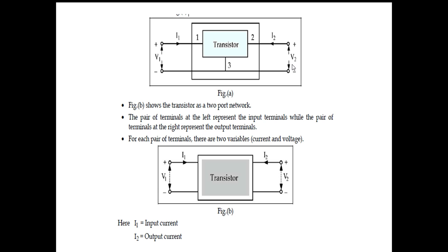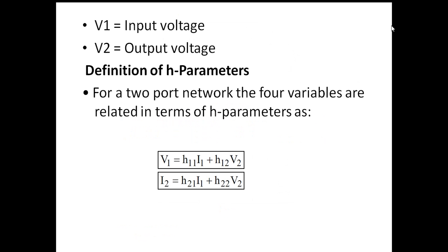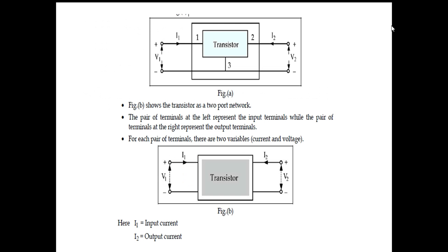Now figure B shows the transistor as a two-port network. The pair of terminals at the left represent the input terminals, while the pair of terminals at the right represent the output terminals. For each pair of terminals, there are two variables, current and voltage.